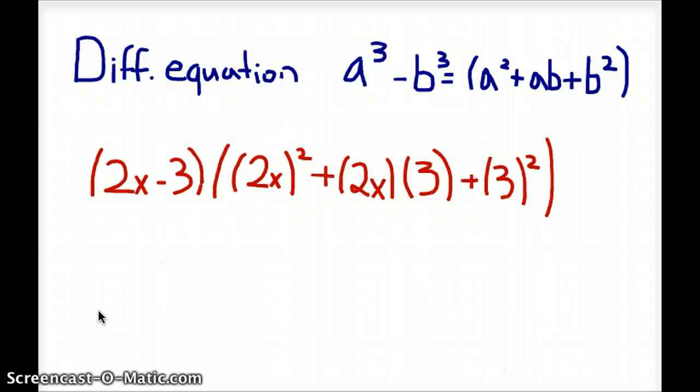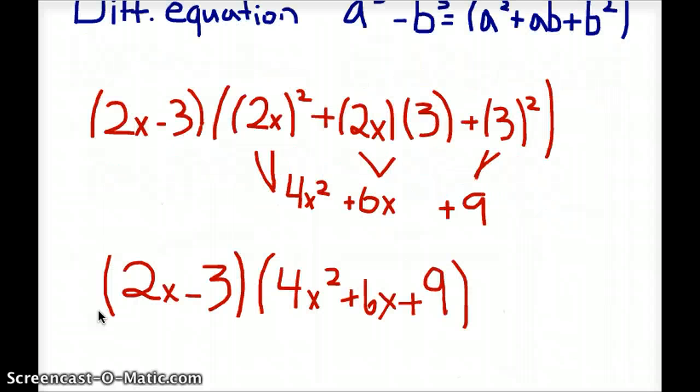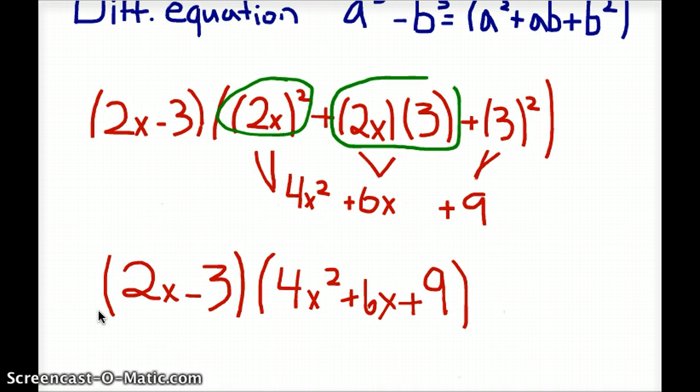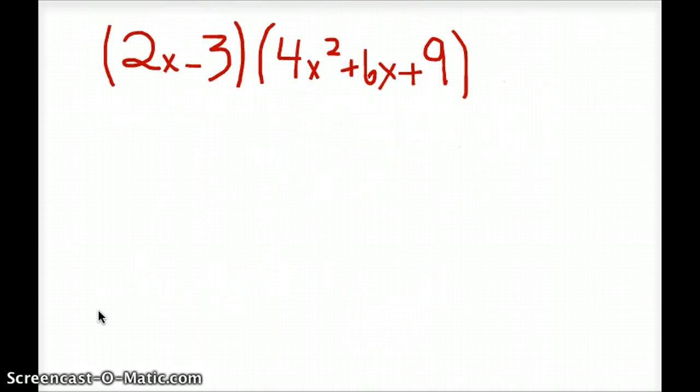So then that becomes 4x squared, and this part over here becomes 6x plus 9. And at the end, we get our final equation, which is (2x minus 3)(4x squared plus 6x plus 9).